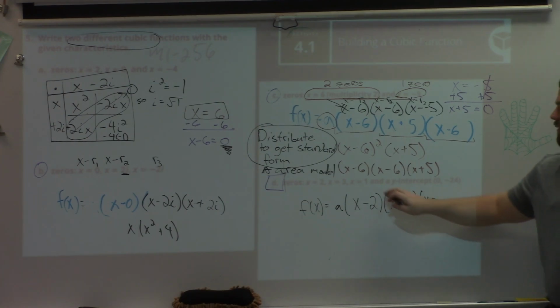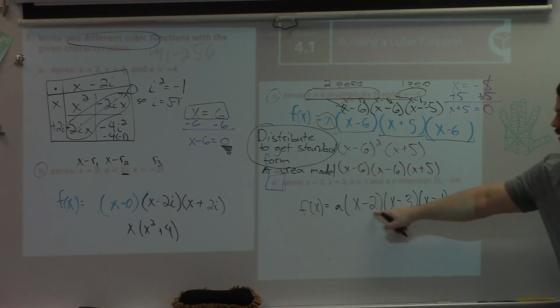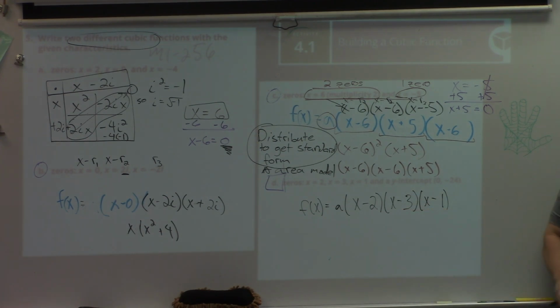And then x minus 1. So x minus R1, x minus R2, x minus R3. That's it. However, we also know f of 0 is equal to what? Okay. So I can plug in this for x, and this would go in for f of x.